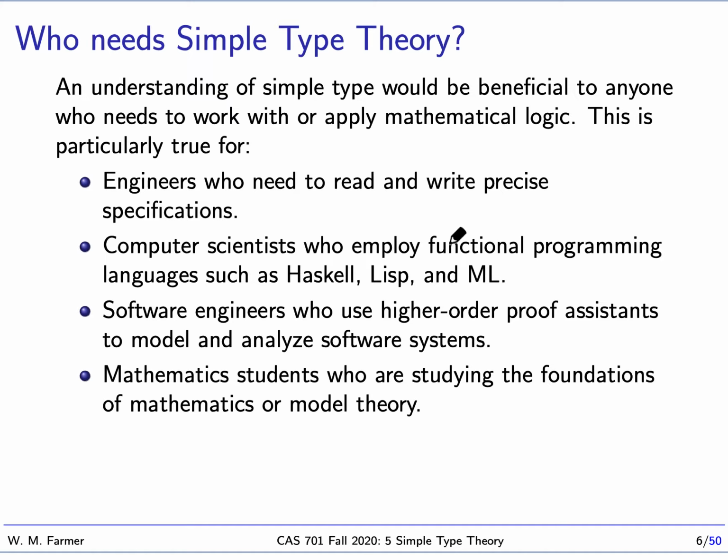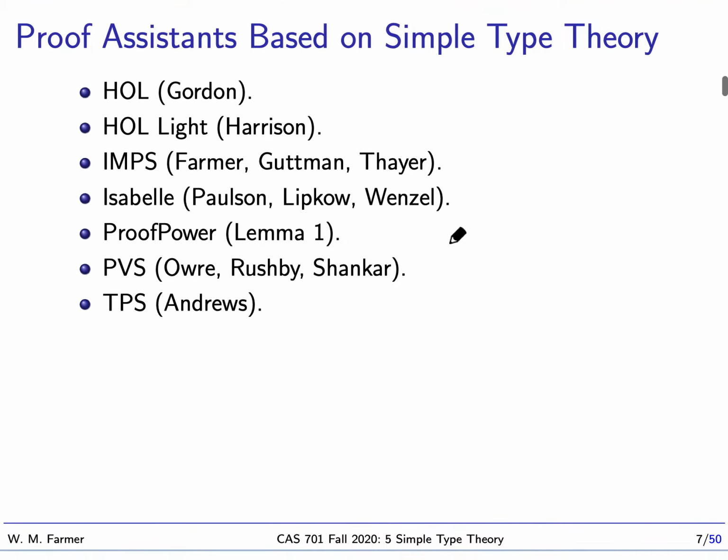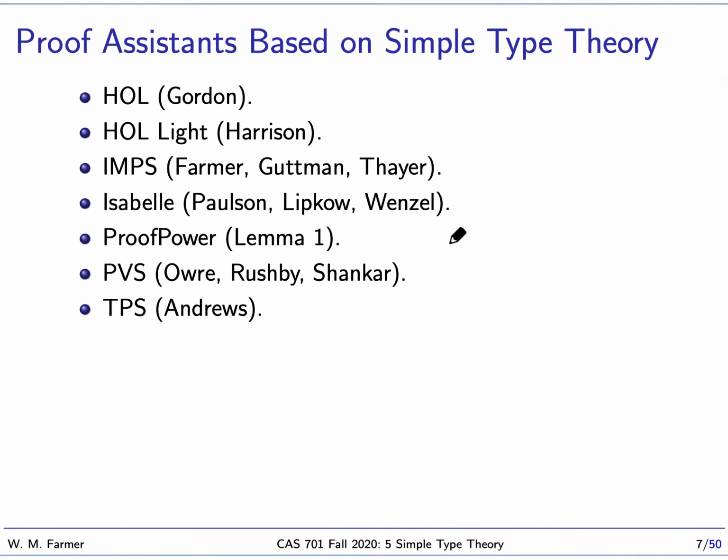This is particularly true for engineers who need to read and write precise specifications, computer scientists who employ functional programming languages like Haskell, Lisp, and ML, software engineers who are going to be using higher-order proof assistants to model and analyze software systems, and finally, mathematics students who are studying the foundations of mathematics or model theory.